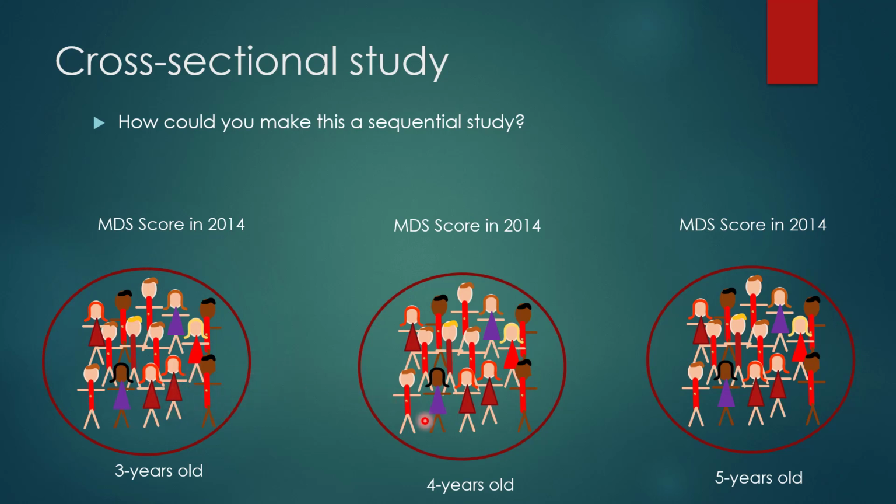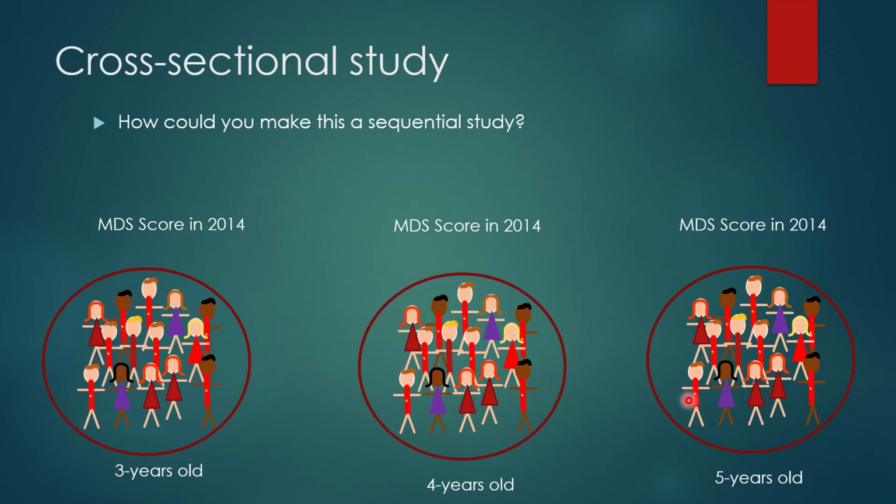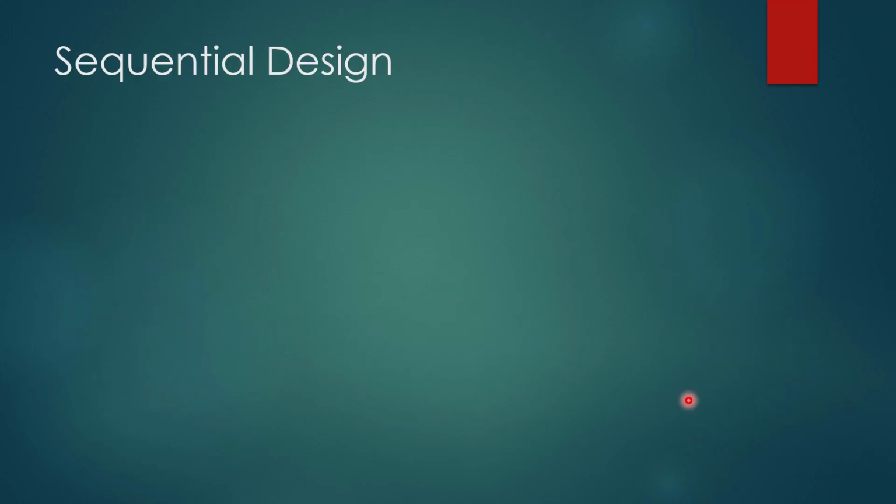So we looked at 3-year-olds, 4-year-olds, and 5-year-olds taking their MDS score at the same time. How can we make this a sequential study? We could follow these individuals over time. So those 3-year-olds not only have 3, 4, and 5-year-olds in 2014, but come back and look at them in 2015 and 2016.